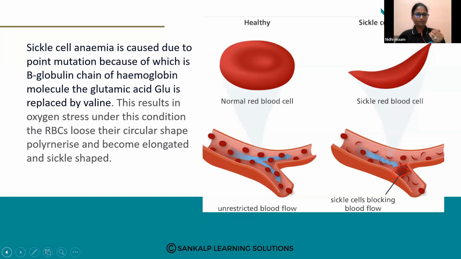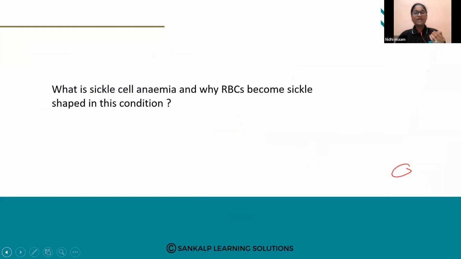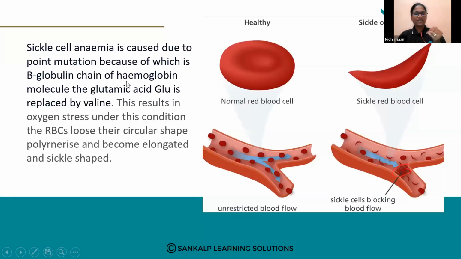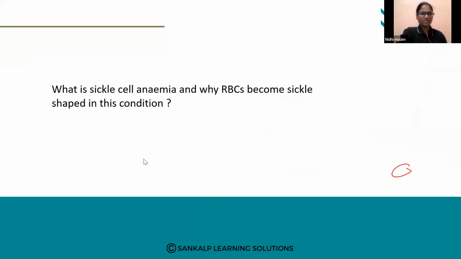Why does RBC become sickle shaped? Because glutamic acid is replaced by valine, which results in oxygen stress, and under this condition the RBC becomes sickle shaped. Like this we have to write. For 2 marks, writing just this is fine. Just a minute.